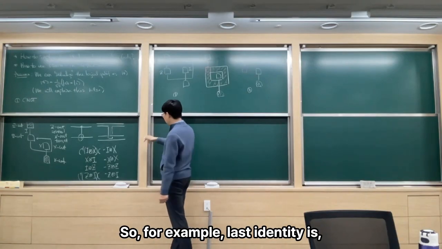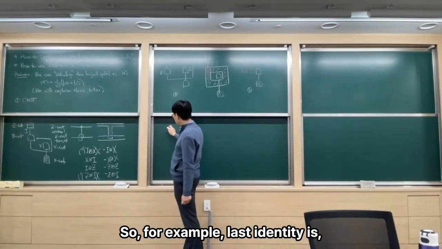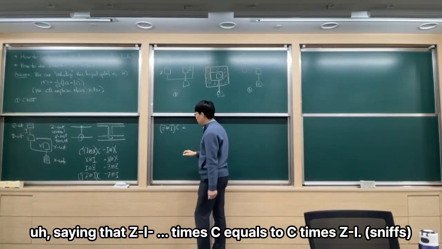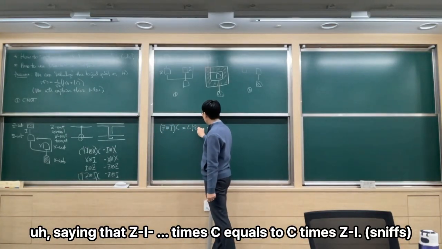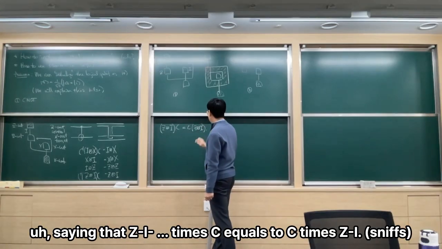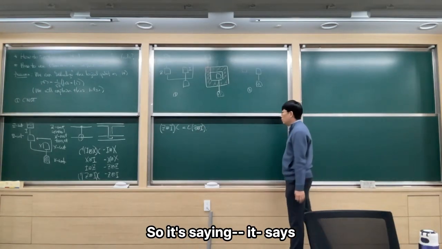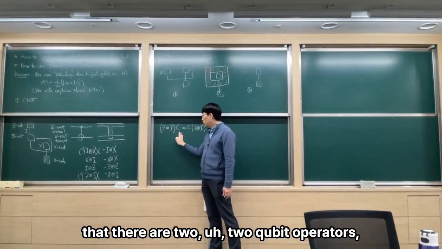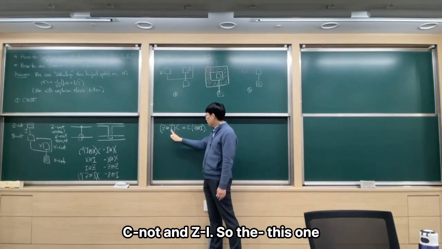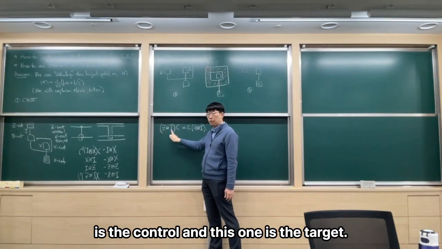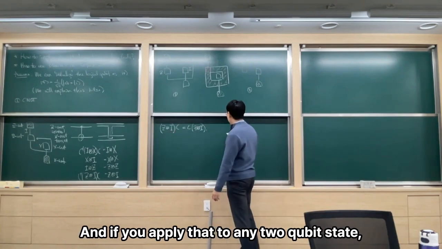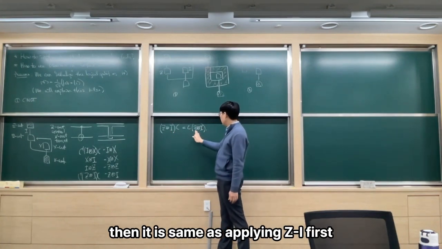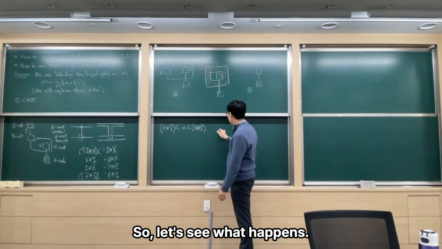For example, the last identity is saying that ZI times C equals C times ZI. What is it saying? It says that there are two-qubit operators, C0 and ZI. This one is the control and this one is the target. If you apply that to any two-qubit state, it is the same as applying ZI first and then the C0 gate. So let's see what happens.